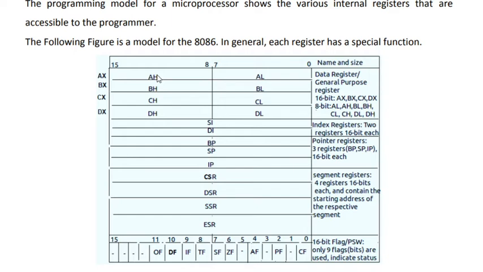Now all of these five registers, SI, DI, BP, SP, and IP, that is source index, destination index, base pointer, stack pointer, and instruction pointer, are 16-bit in length. These five registers are used as offset with the segment registers in order to create a displacement to access a specific byte in the segment.